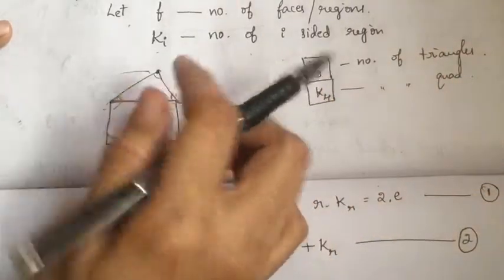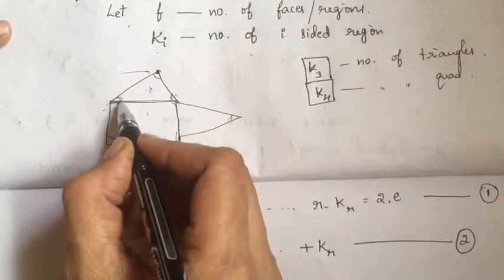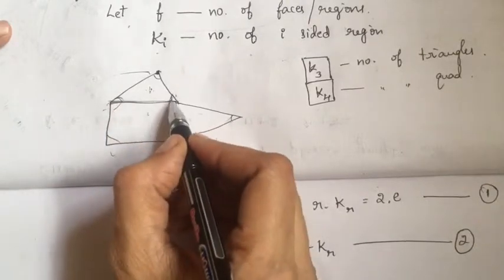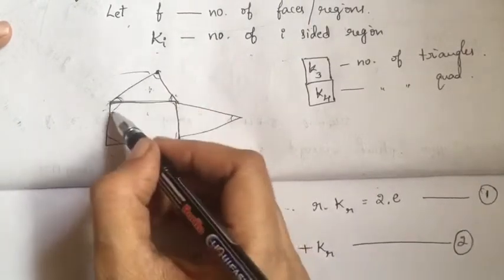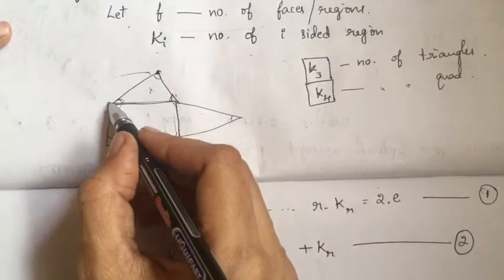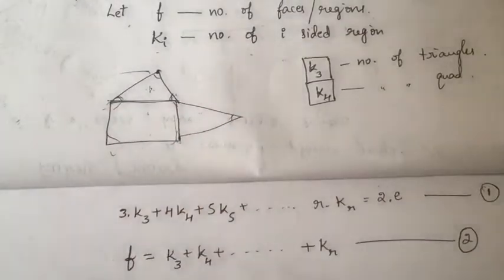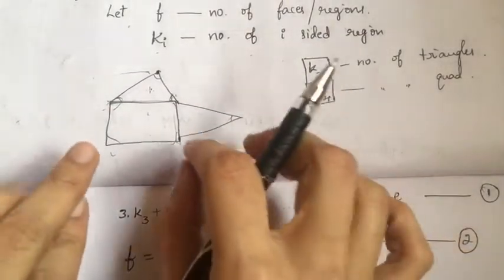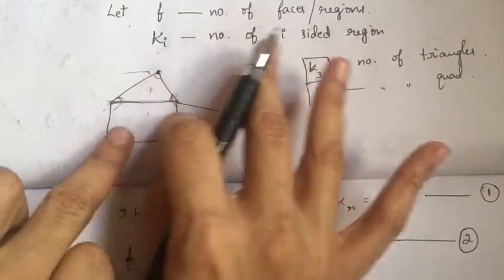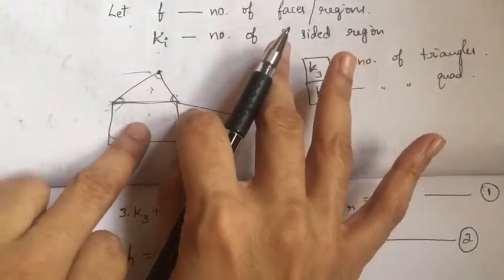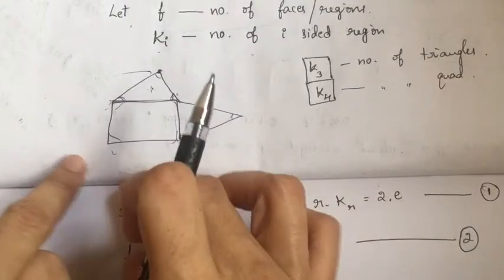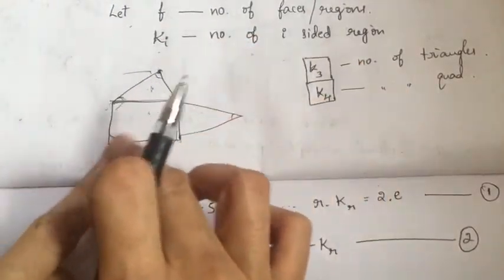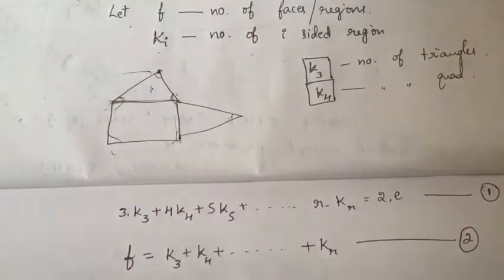Why? Because the interior angle of some polygon is an exterior angle for another polygon. So I want the sum of the interior angles of all these finite regions and the exterior angle for only this unbounded region.